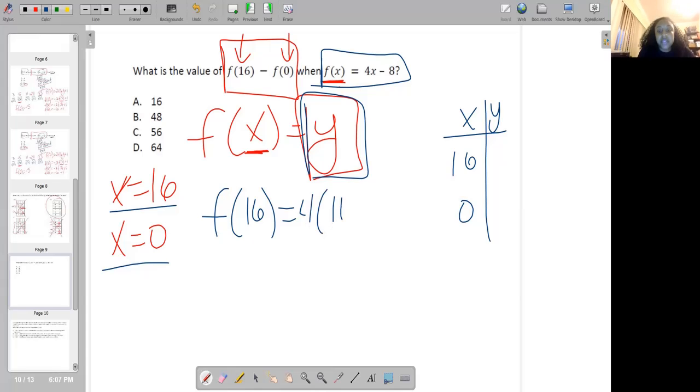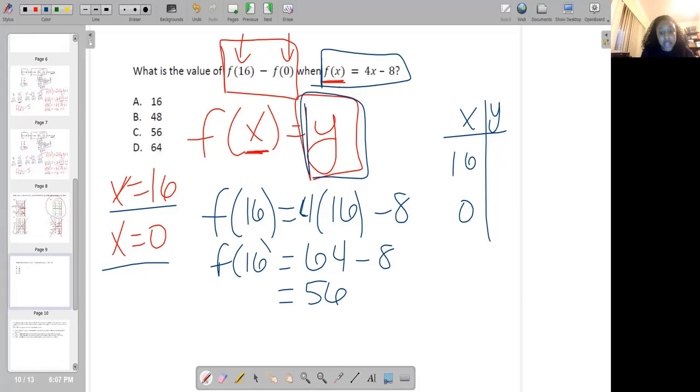So 4 times 16 minus 8. 4 times 16 is 64 minus 8, and 64 minus 8 is going to be 56, okay? Remember, 4x minus 8 is the entire equation. So all I'm doing is plugging in 16 and solving. So all we solved for right now is f of 16. We got one part down.